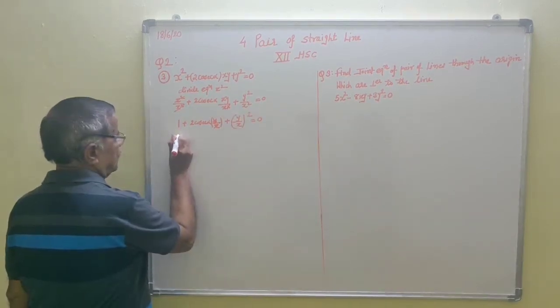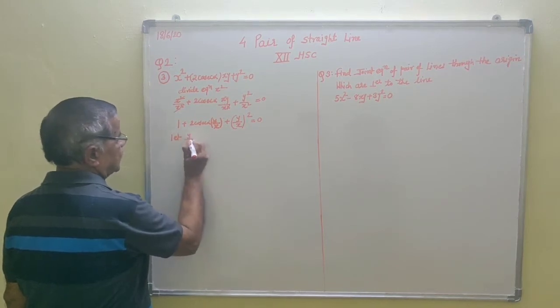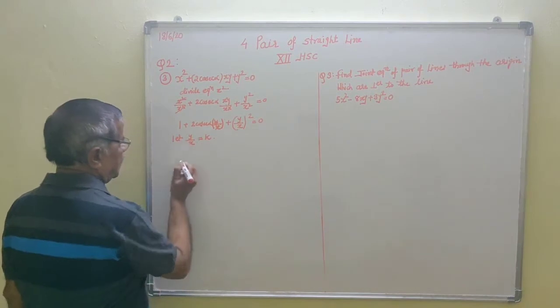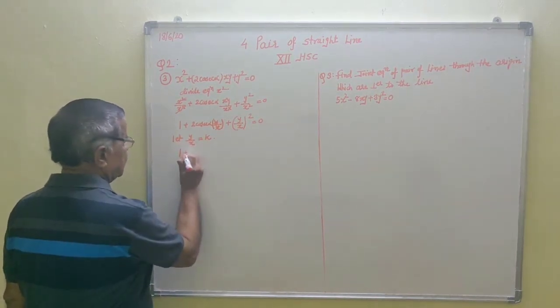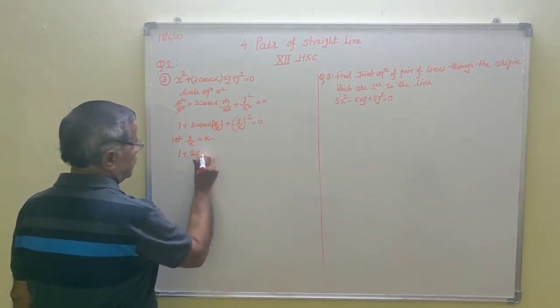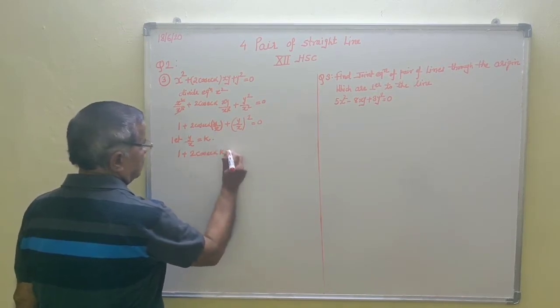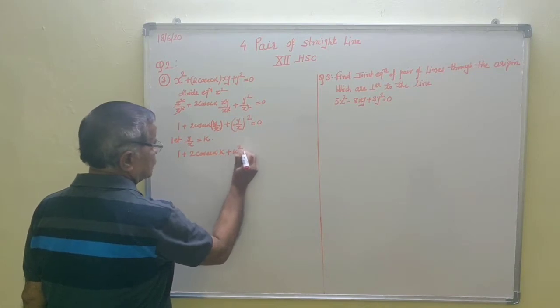Let y upon x be equal to k. Substituting k, the equation will come to be 1 plus 2 cosec alpha into k plus k square is equal to 0.